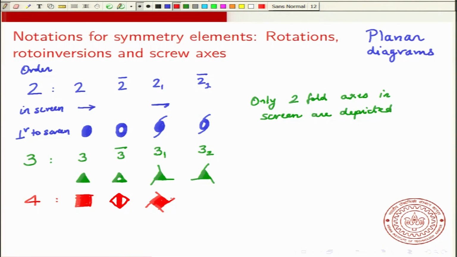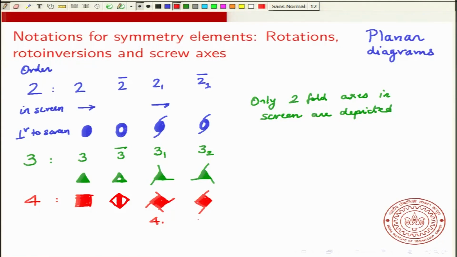Now you could also have a 4 sub 2, and I'll show it. So the 4 sub 2 is shown by, now only 2 lines are drawn. So this is 4 sub 2.